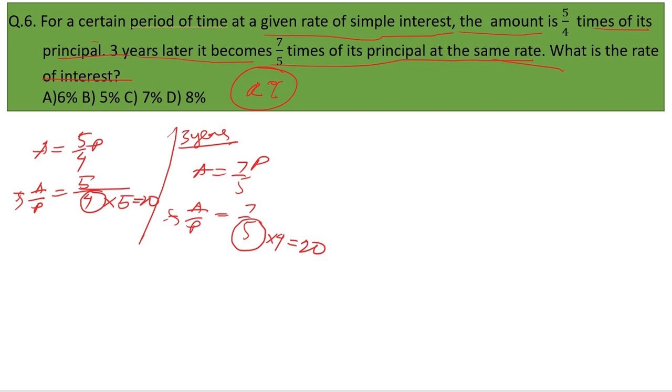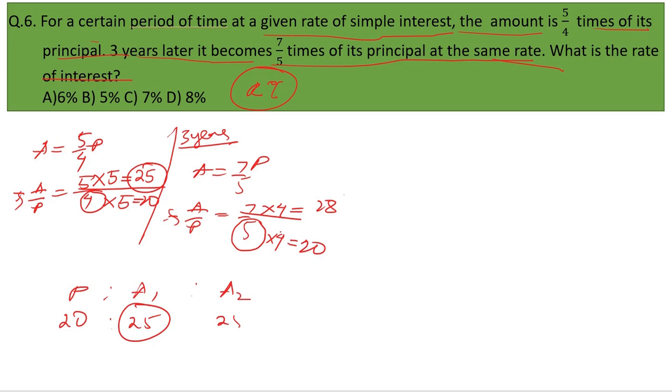Since we multiply here by 5, we need to multiply here by 5 also. So 5 5 is 25. On this side, if we multiply by 4, we should multiply here by 4. So 7 4 is 28. So the ratio between them is principal 20, first amount 25, and the second amount 28.